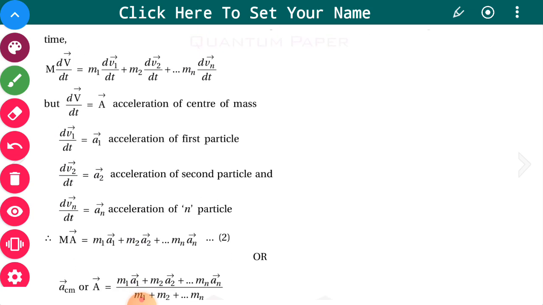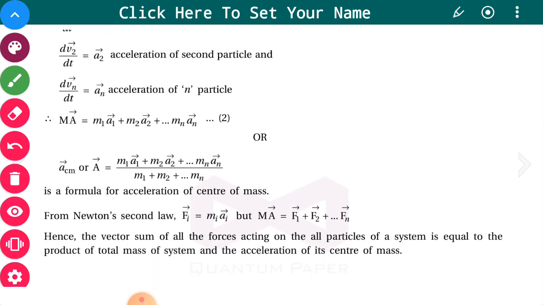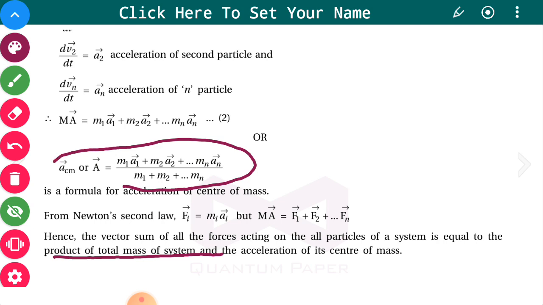So instead of dV by dt it is written as capital A, and dv1 by dt, dv2 by dt are replaced by small a1, a2 up to an. So the equation is M A is equal to m1 a1 plus up to plus mn an, and if you make capital A, the acceleration of center of mass, the subject of the formula, then this expression will be obtained.